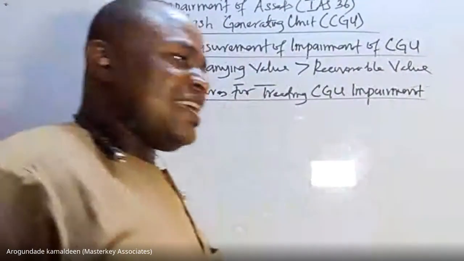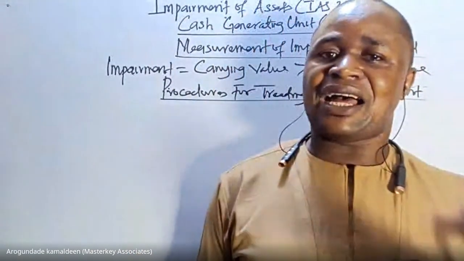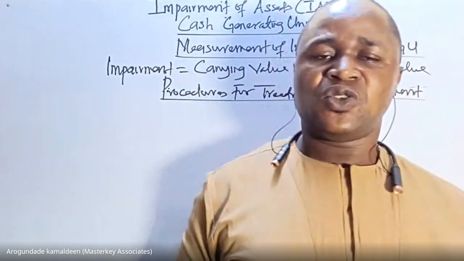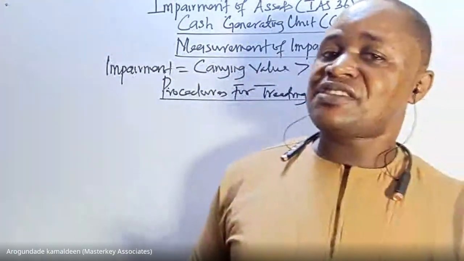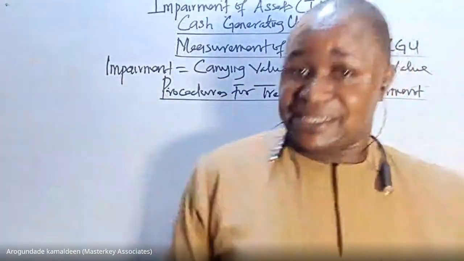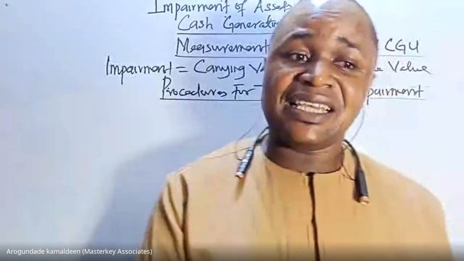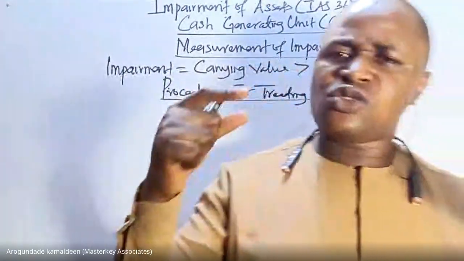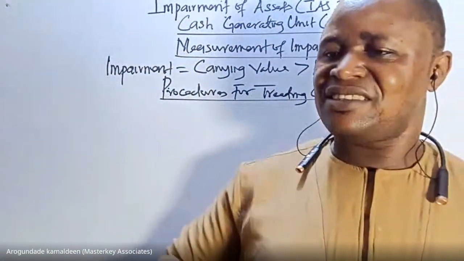So it is not the same as the impairment of a single asset, where you just debit and just credit. In the case of a CGU, when you determine the impairment, you are going to follow a certain procedure, and I want you to memorize this. I can often test this.